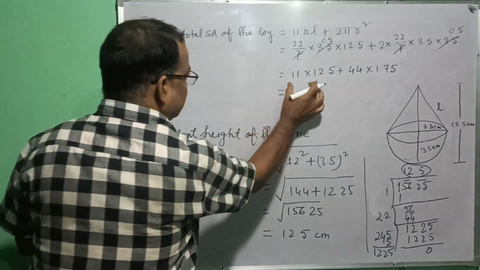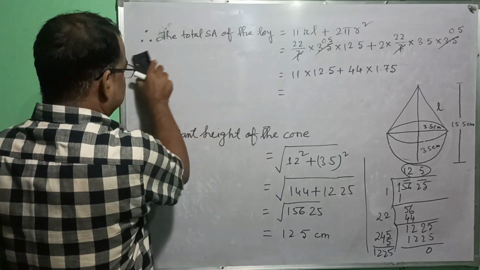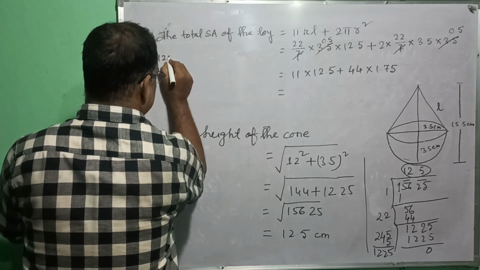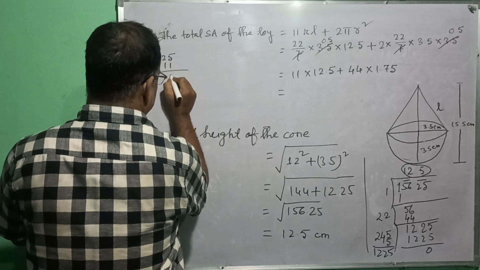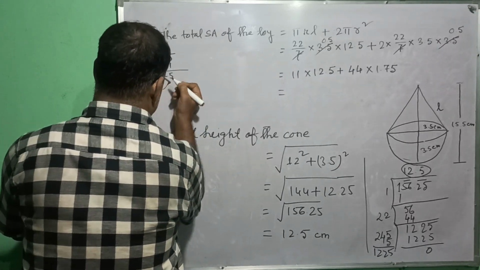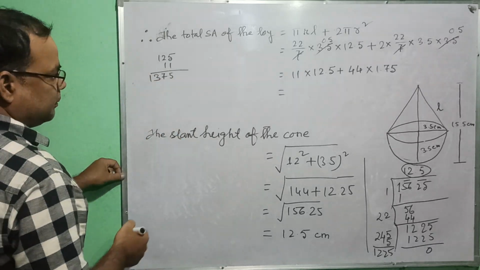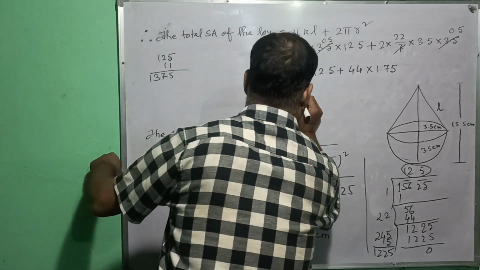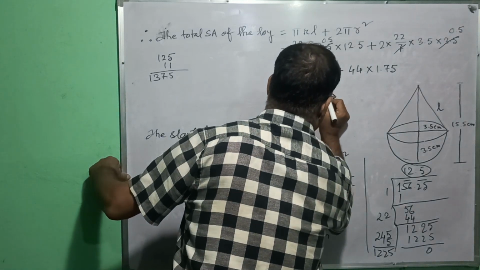Now we'll multiply. 11 into 125 is 1375. One decimal is there, so here it will be 137.5.